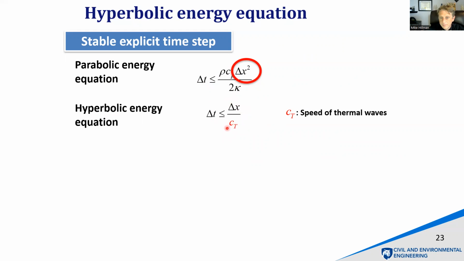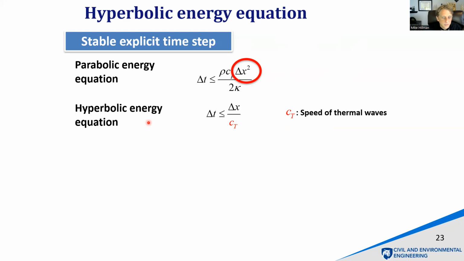For solids, it's the wave speed here. It turns out if you have a hyperbolic energy equation, you have a speed of thermal waves, and this is your time step restriction. So there are indeed hyperbolic energy equations, and the explanation is simple. The parabolic one has an infinite wave propagation speed, which is physically unacceptable from special relativity.